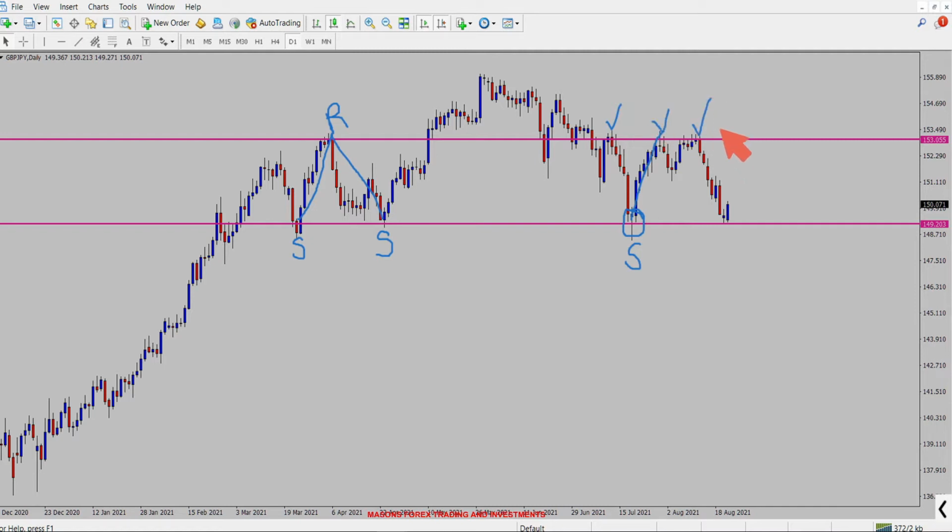Price pushes into the level, retraces, and then pushes back into this level and moves all the way back into the support level. Would price actually go back into this resistance level? Yes, there's a possibility. So there could be a buy signal available.